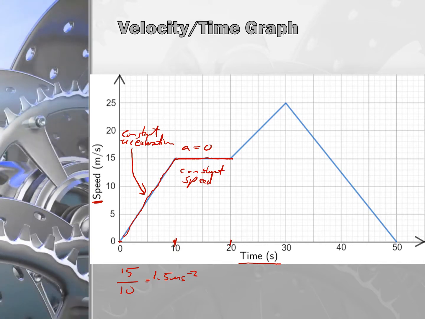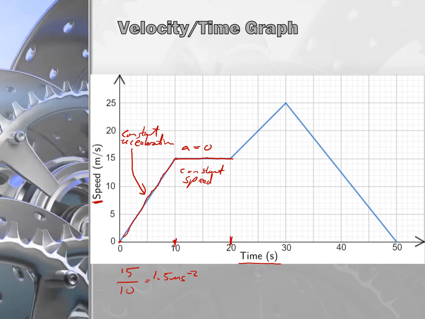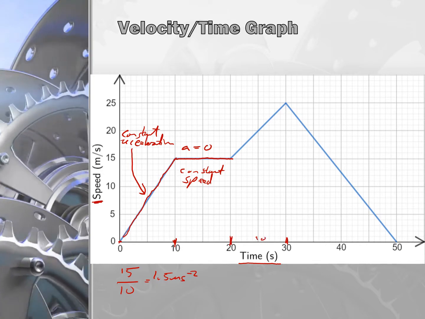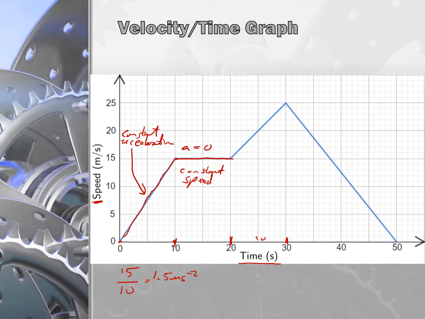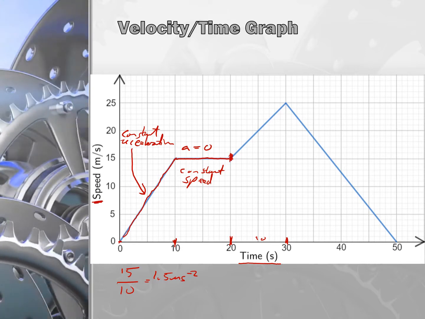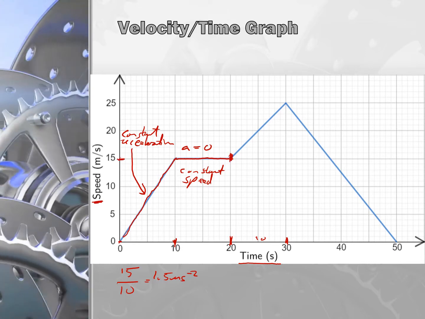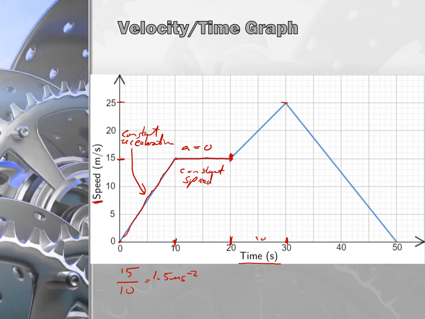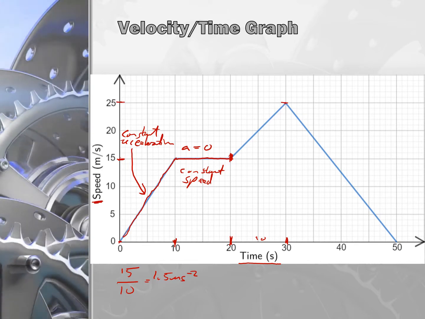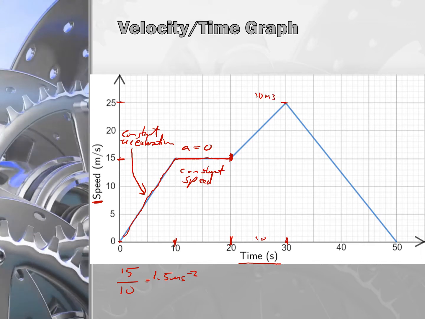Now, the next section we look at is from 20 seconds to 30 seconds. So again, that's a 10-second interval. And if we look at the speed, it's gone from 15 to 25. So that's an increase of 10 meters per second.